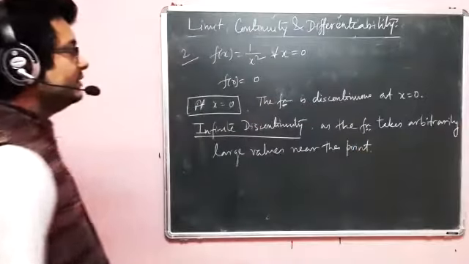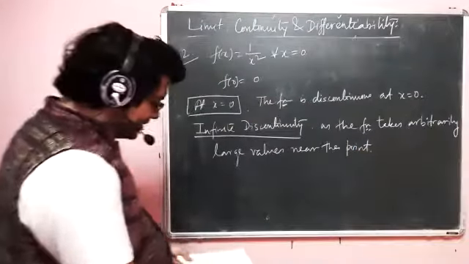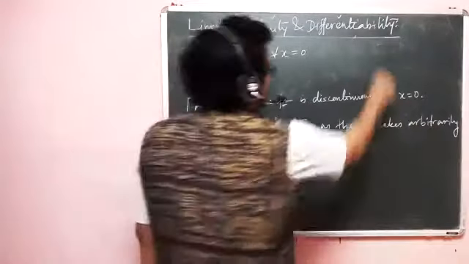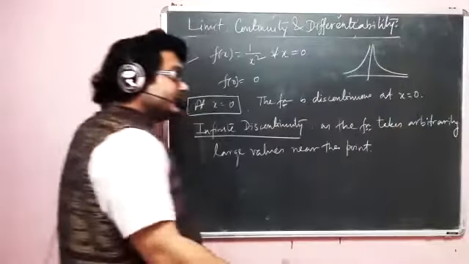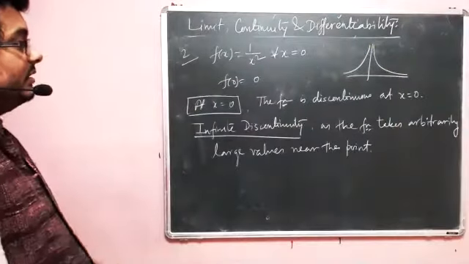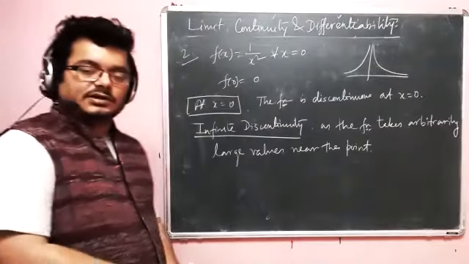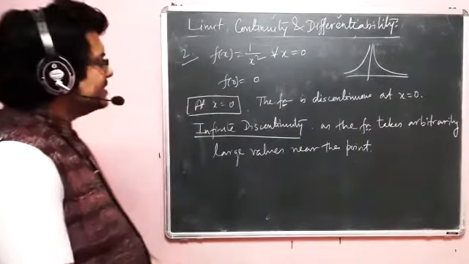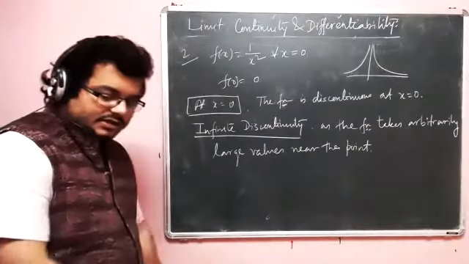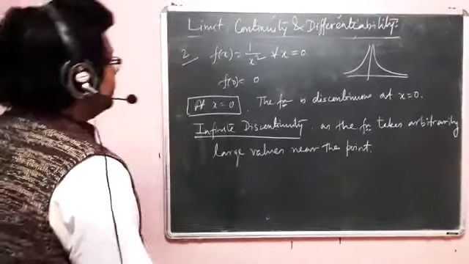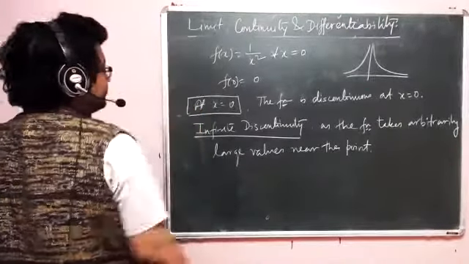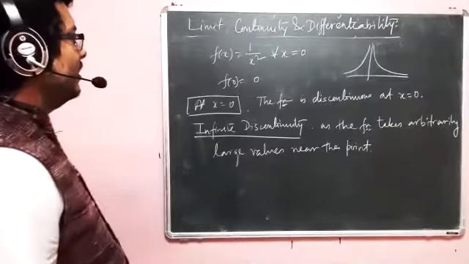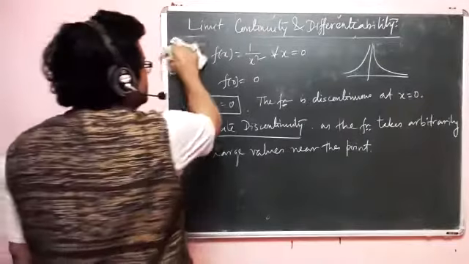If you look at the diagram, otherwise the function is continuous. There is no problem, right? But at 0, it is discontinuous, and it is named as infinite discontinuity. In the third problem, we will look at a different kind of discontinuity.